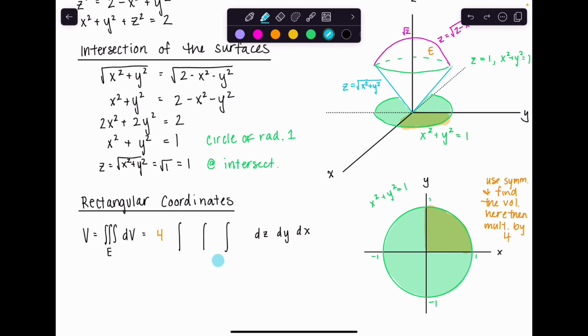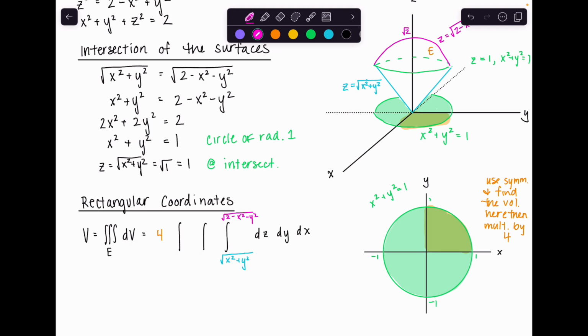So our lower bound is going to be the square root of x squared plus y squared, and the upper bound is the square root of 2 minus x squared minus y squared.